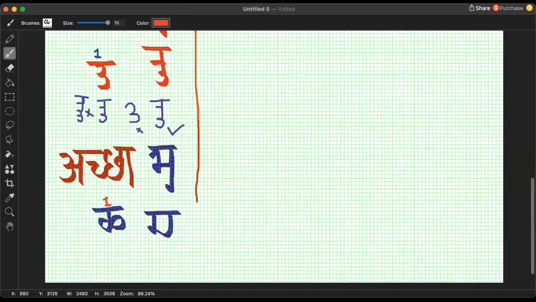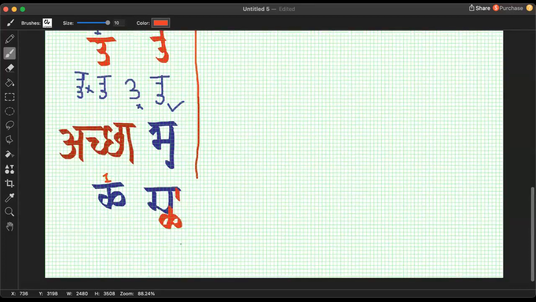What I'm going to do here, I will just bring it down from here and write the full alphabet. And all the alphabets that are written at the bottom are full except the Shiroreka. Okay, and to this I will add a matra. This is "achha".